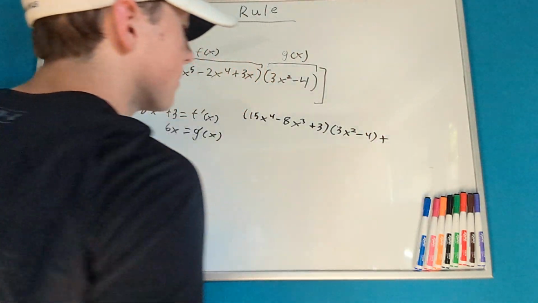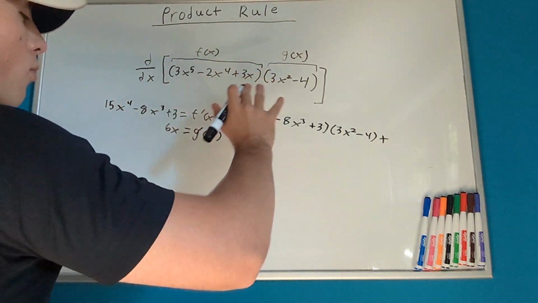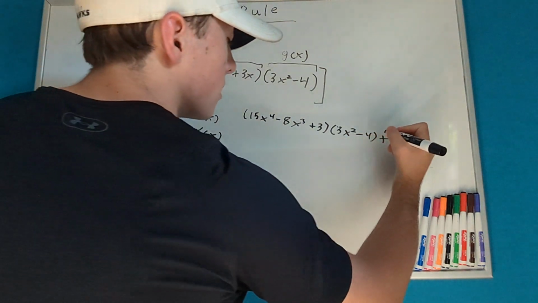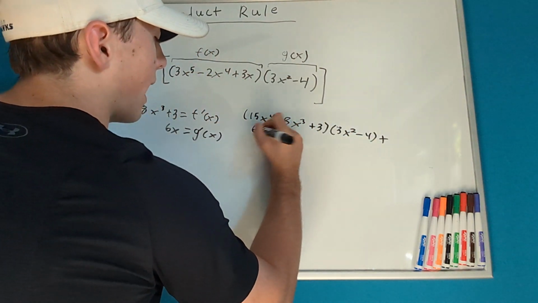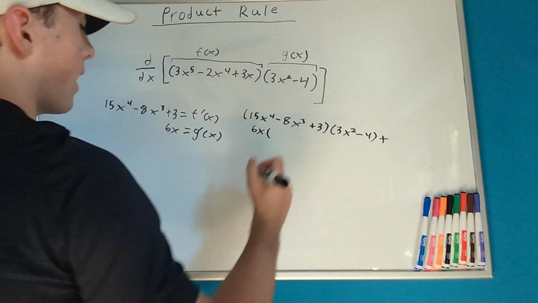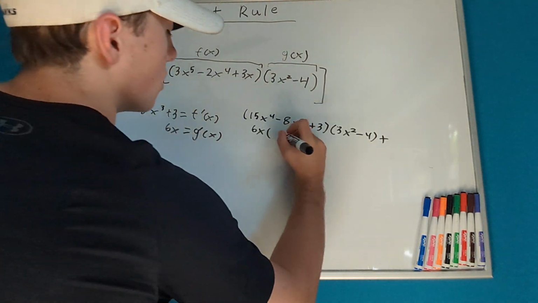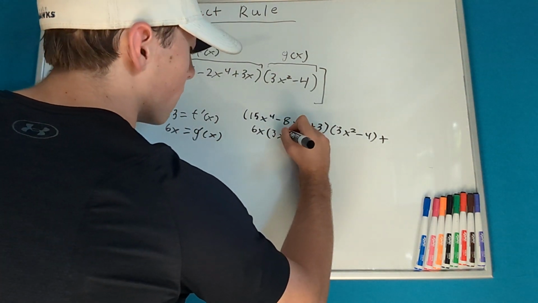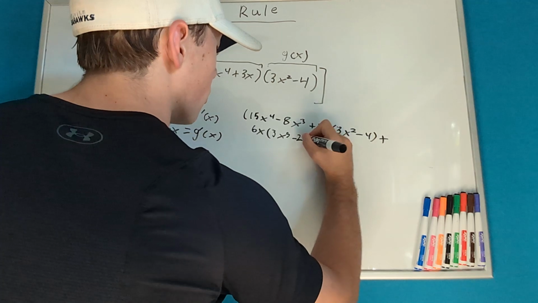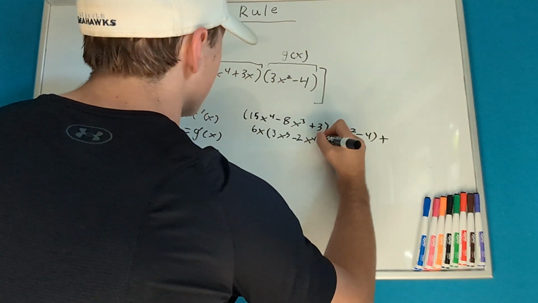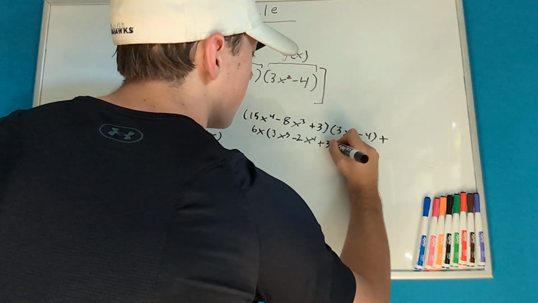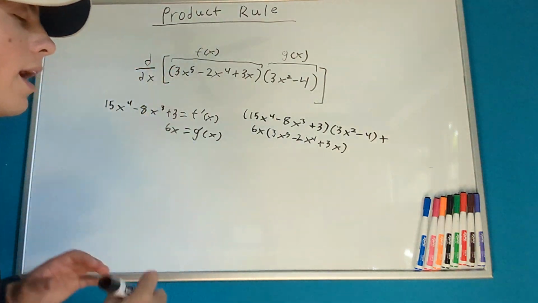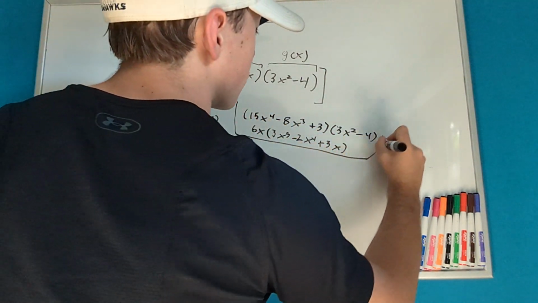Then we take g prime of x, which is just 6x. So I'm going to write it down here. 6x times, well, f of x. 3x to the 5th minus 2x to the 4th plus 3x. And there we have our derivative.